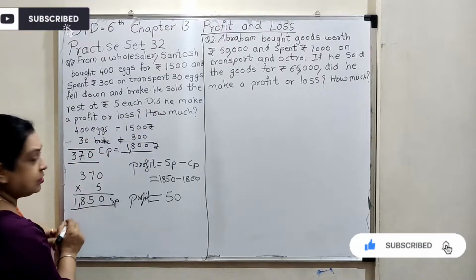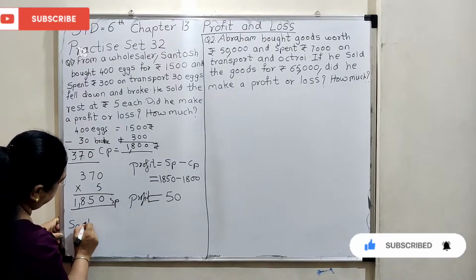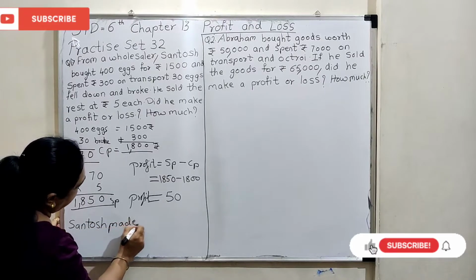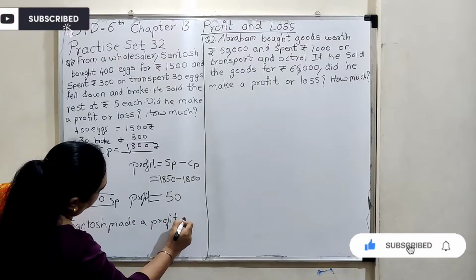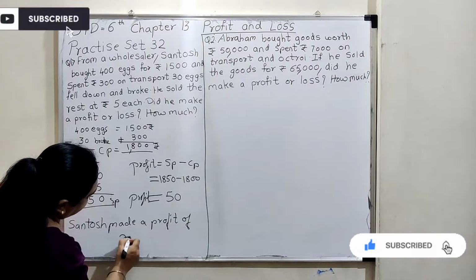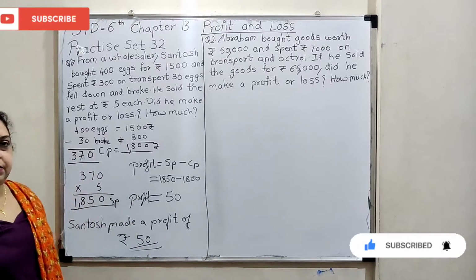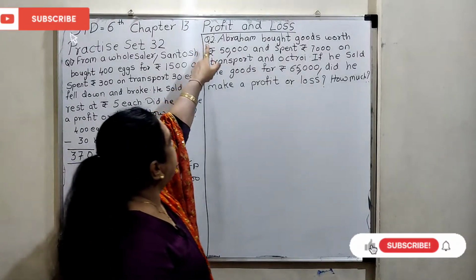How much? So you can write the answer: Santosh made a profit of rupees 50. Easy? Understood?